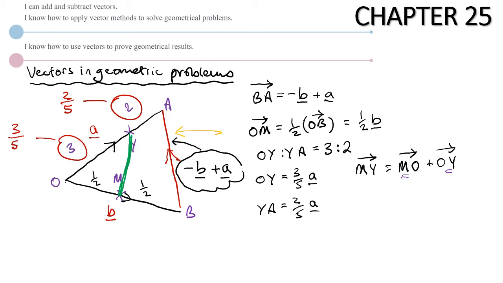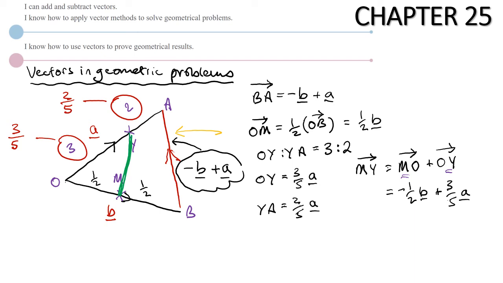Now O to M is going backwards along half of B, so negative half B, and then it's forwards along 3/5 of A, so plus 3/5 of A. So that's what the vector from M to Y would be.